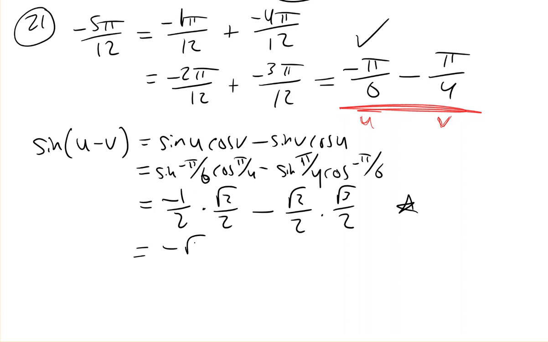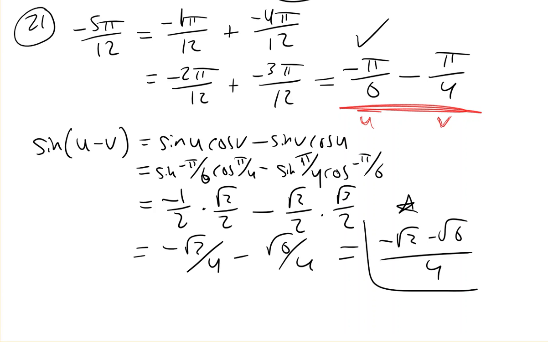Okay, to multiply these, multiply your numerators to get your numerator, multiply your denominators to get your denominator, and if these already have a common denominator, why not just push them together? So that's what I would get for sine. Now, how you can check, and what I hope you do on the quiz, even though your calculator can't just say, hey, here's the exact answer of this, you could ask it, well, what is the sine of negative 5 pi over 12?